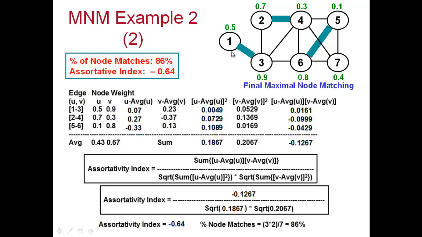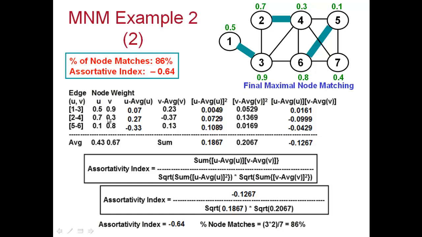So you can realize that when you look at the weights for the end vertices for these three edges, it is 0.5, 0.9, 0.7, 0.3, 0.1, 0.8. So the edges are not close or similar to each other. They have appreciable difference in their end node weight values.